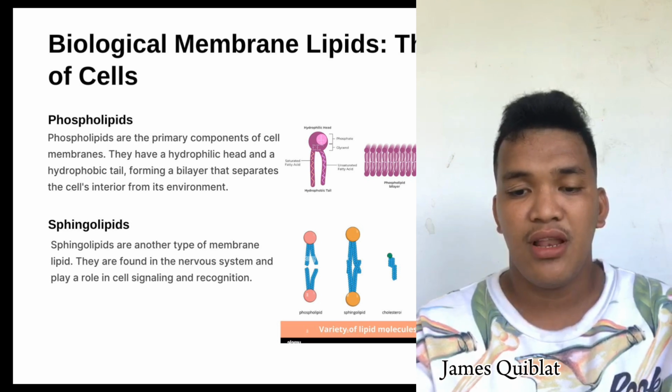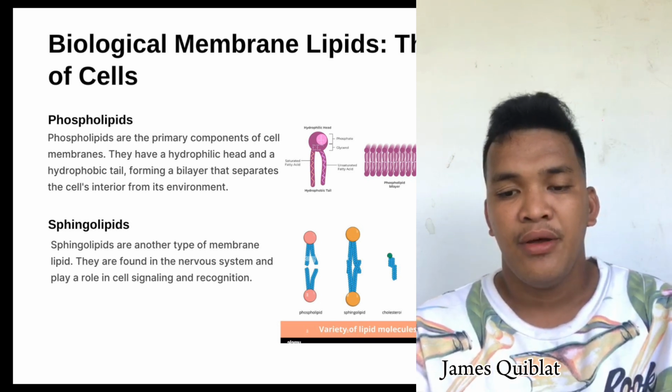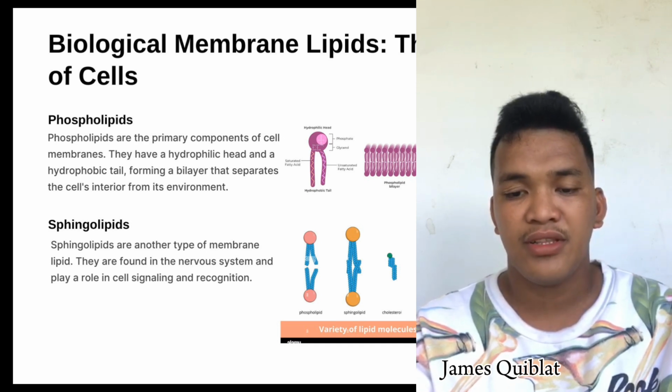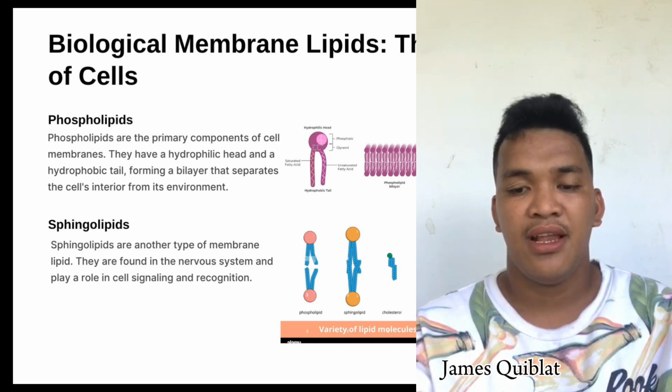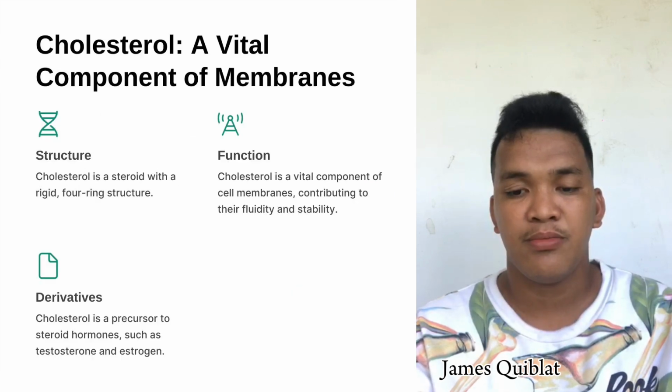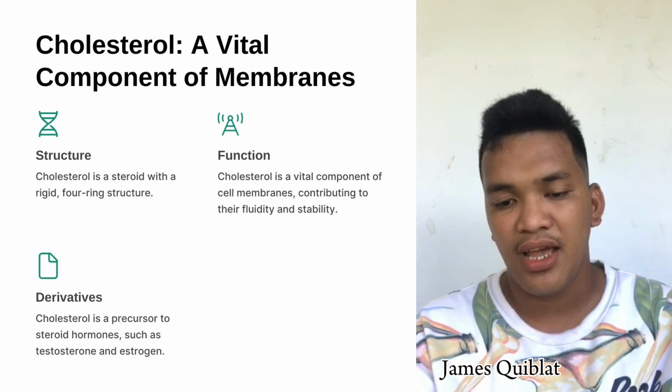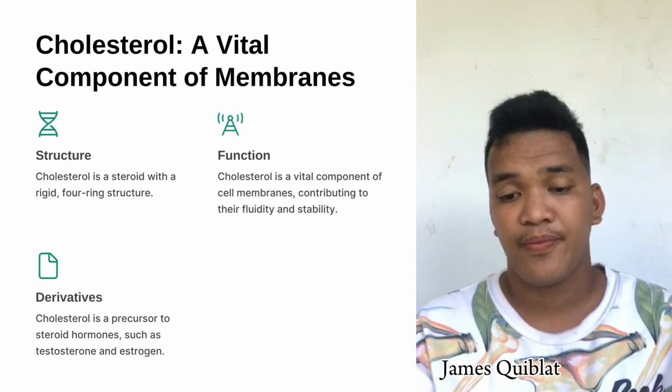This dual nature allows phospholipids to form a double layer, a bilayer, with the heads facing the watery environment inside and outside the cell, while the tails form the barrier in between. This barrier controls what goes in and out of the cell like a gatekeeper.